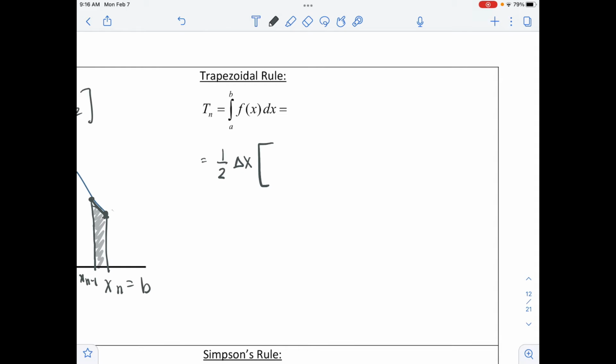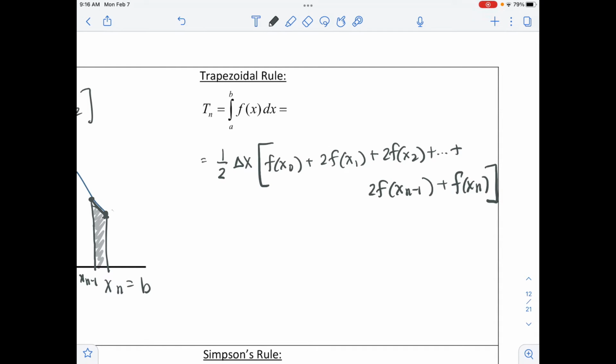And again, adding those all up, we had f of x naught plus f of x1, then f of x1 plus f of x2. And if you notice, there's two f of x1s. So we're going to have f of x naught plus 2 times f of x1 plus 2 times f of x2 plus dot dot dot, continuing on, 2 f of x of n minus 1, plus there would only be one of that last base, which would be f of x of n.